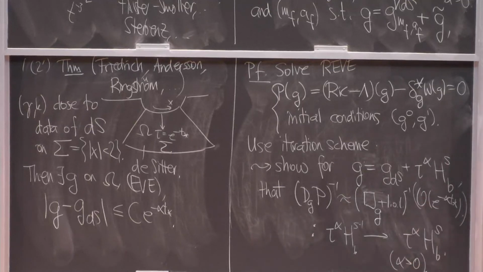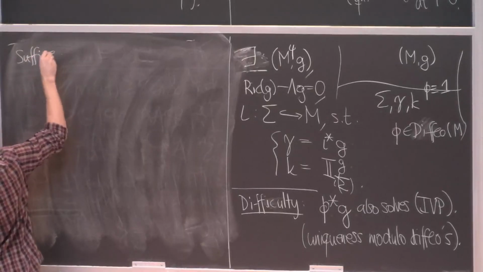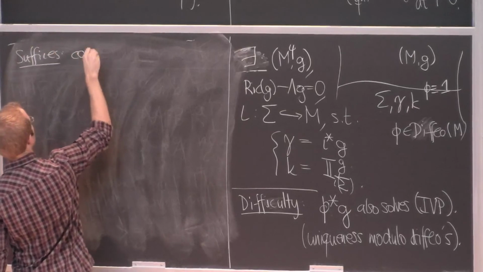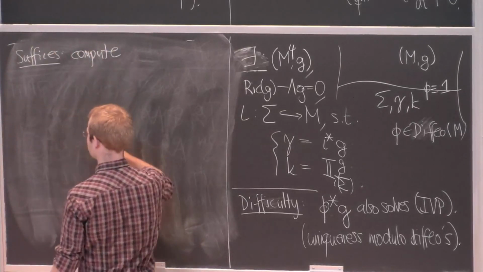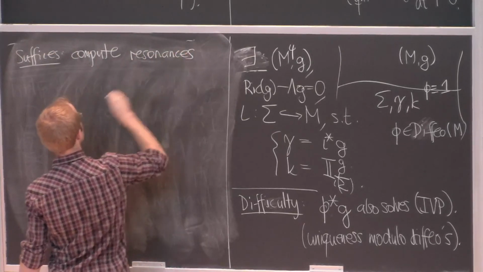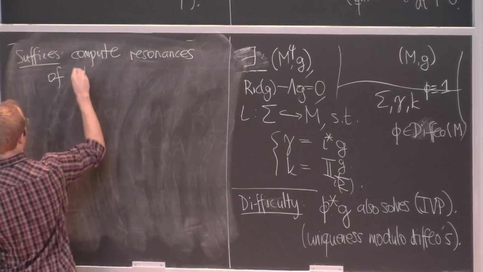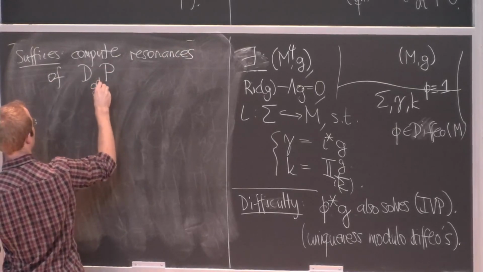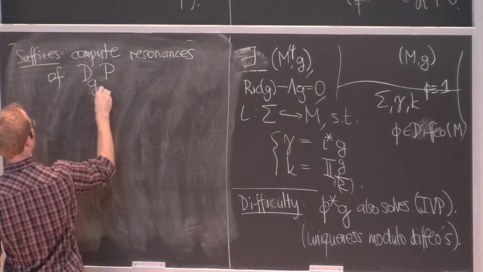OK, so right. I already told you yesterday also. So in principle, I could just actually leave this room now and have somebody on the board do the proof for me, because it's just like yesterday. So what suffices to be done is to compute the resonances for the simplest model problem. So compute resonances of the operator. You linearize the equation around the de Sitter metric, g_dS. Right?